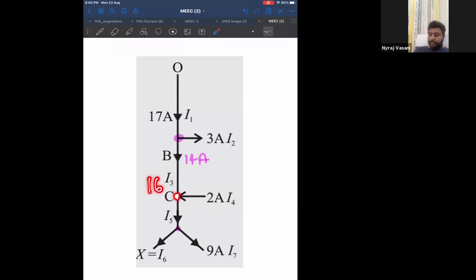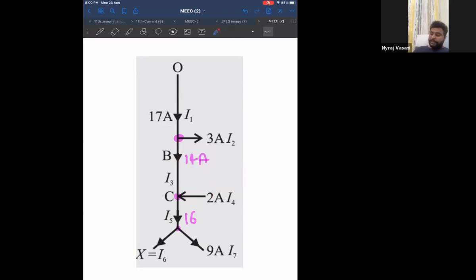The total current entering will be 16. Therefore, the total current leaving also will be 16. Correct? Therefore, can I say 16 will come here?